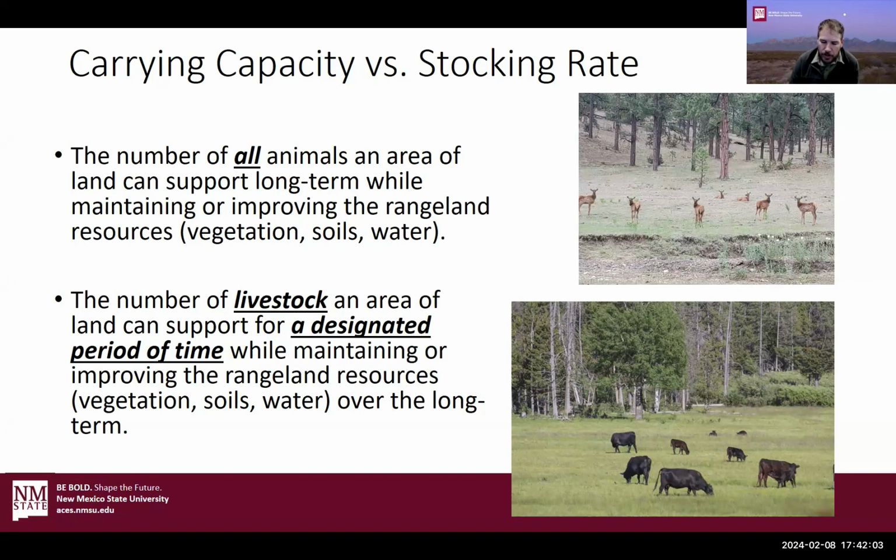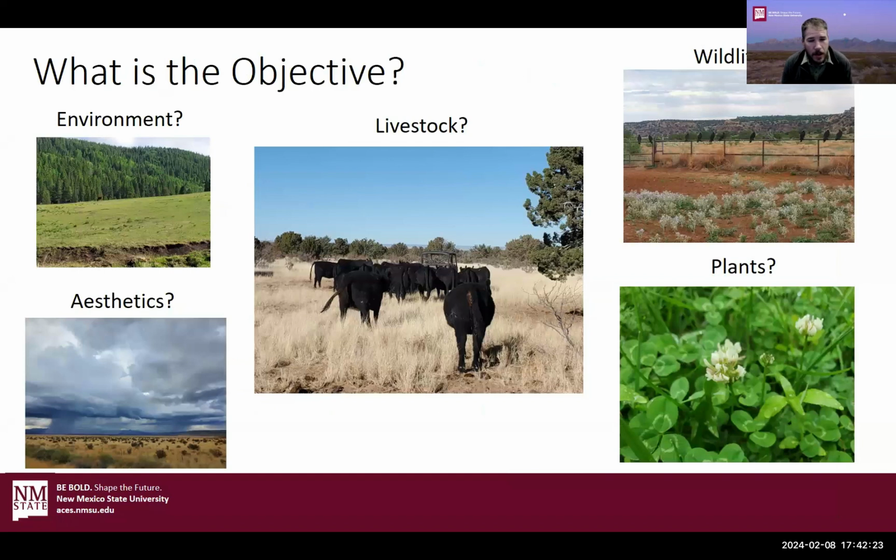So we'll dive into that a little bit, and I will tell you the main differences between those two things and the critical items in estimating a carrying capacity and stocking rate. I'll try to make that distinction clear. The first thing you need to do with any of this estimation is go about it with an objective.